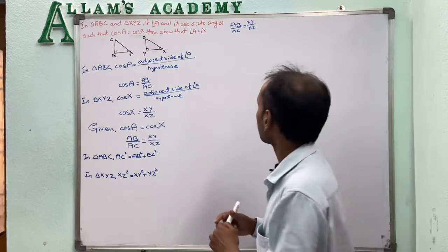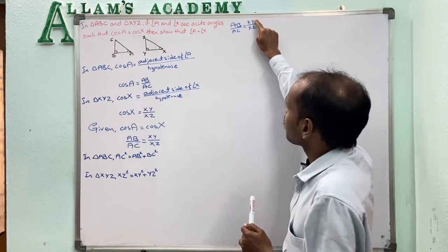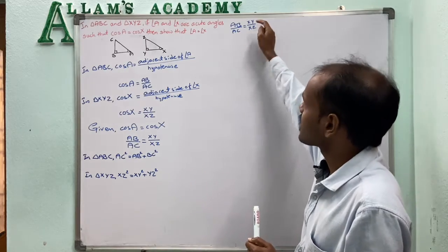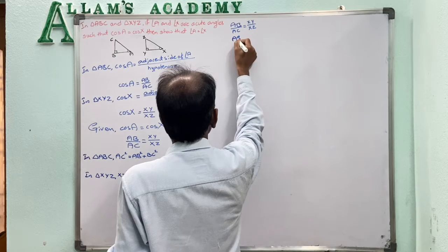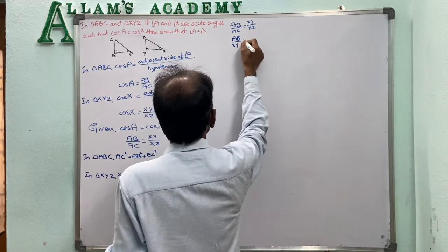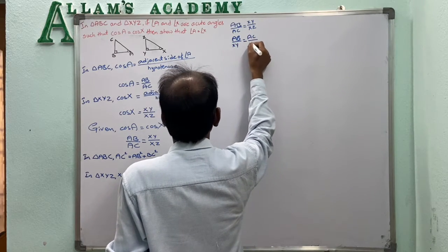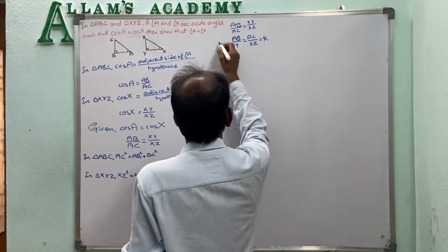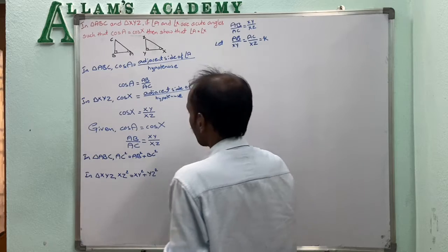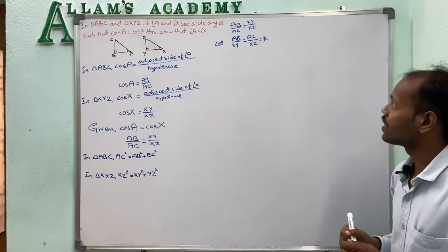So for that purpose, transferring XY to this side and AC to that side, AB by XY equal to AC by XZ. Now both these values are equal, so we take it as k.